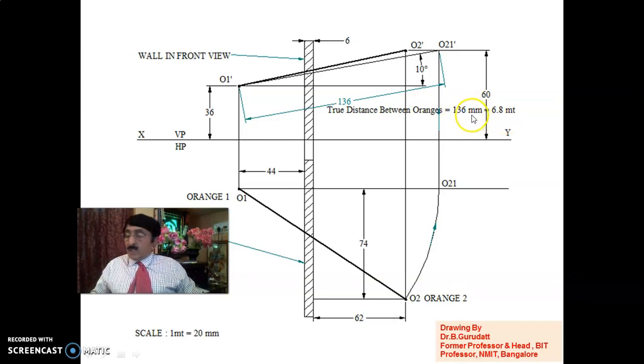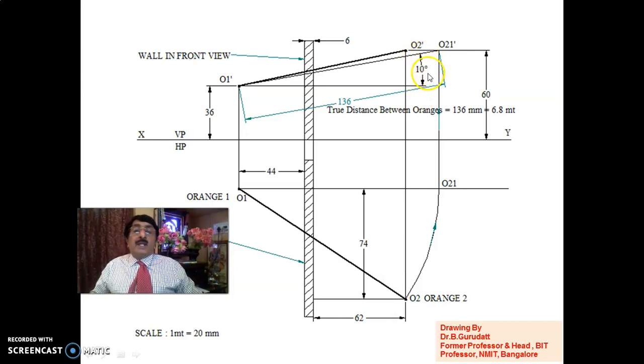In that way, you have done this problem: the distance between the two oranges measured parallel to the XY line is 136 mm, or you write it compulsorily as 6.8 meters. And they have also asked what exactly is the true length angle with HP. If you measure, it will be 10 degrees.